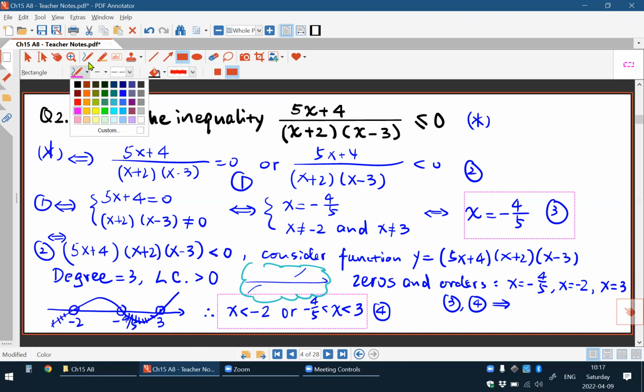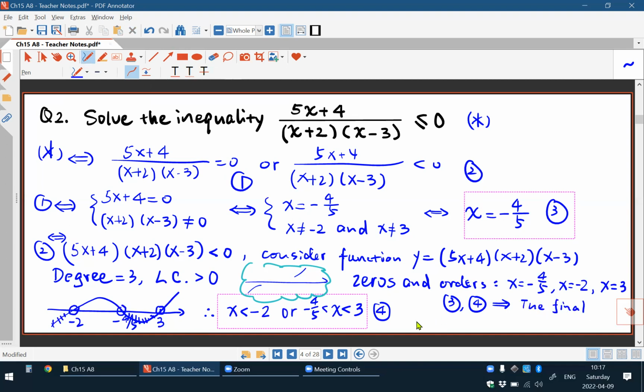So from number 3 and number 4, we know the final solution is x can be less than -2, or x can be greater than or equal to -4/5 and less than 3.